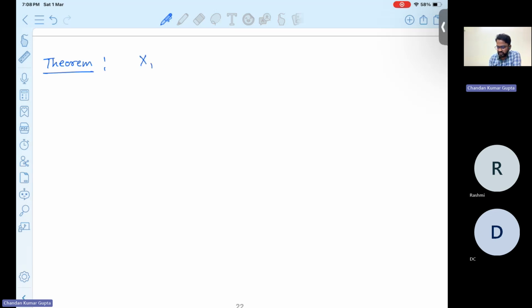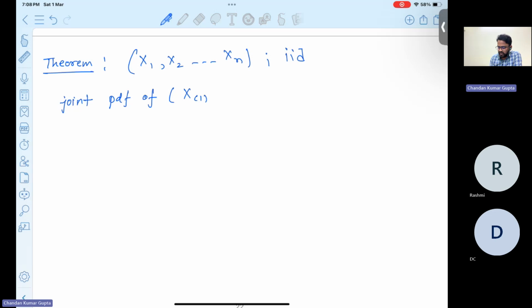Suppose we have x1, x2, up to xn random variables, and these are IID, independent and identically distributed random variables. Then the first one is the joint PDF of x(1), x(2), up to x(n).